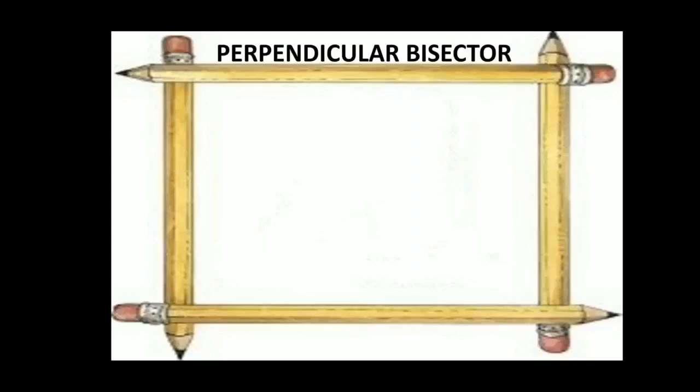It was in chapter number 11, where you have the types of quadrilateral and all. You remember the properties of square, rectangle and all. In that you have learned this diagonal, bisect each other at right angle, something like that. You remember? Yes. So what is the meaning of bisector?